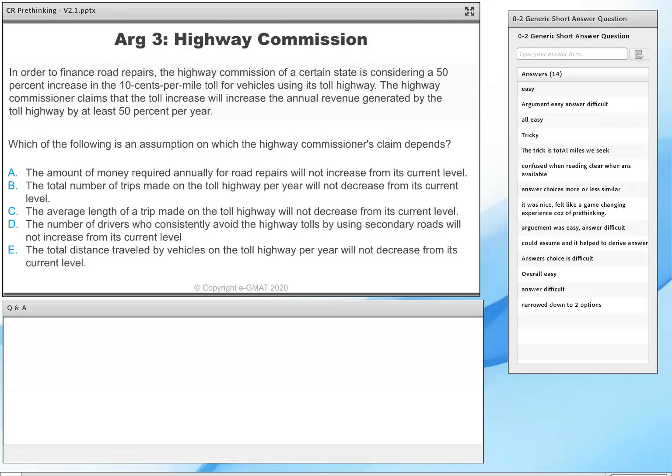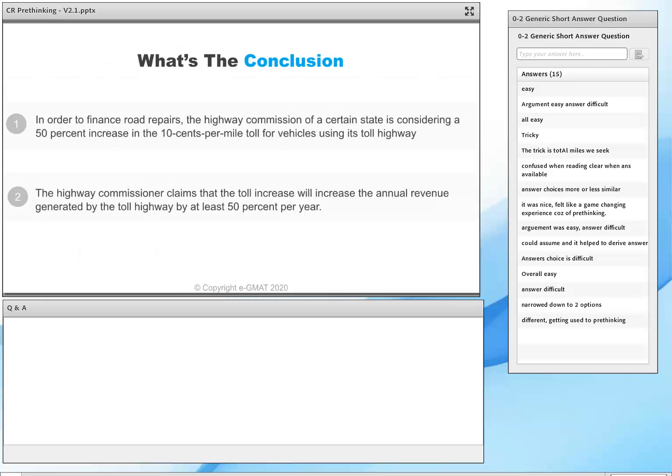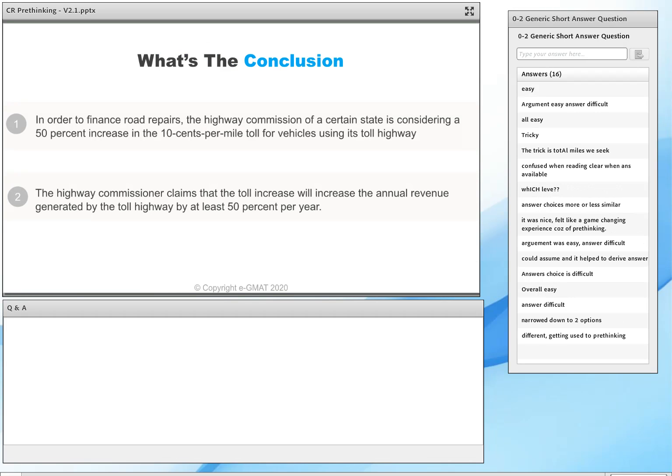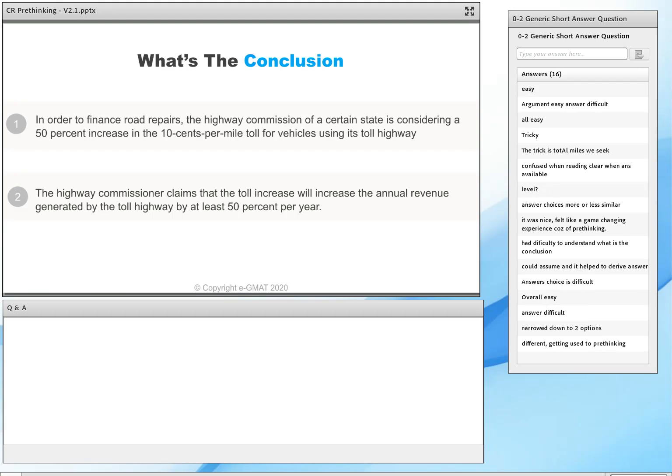Answer choices are difficult. Good. So let's look at this. Very easy question from a reading standpoint, but it's really important to be precise about this. So what are we trying to do? What the highway commissioner is claiming is that the toll will increase the overall revenue by at least 50% every year.